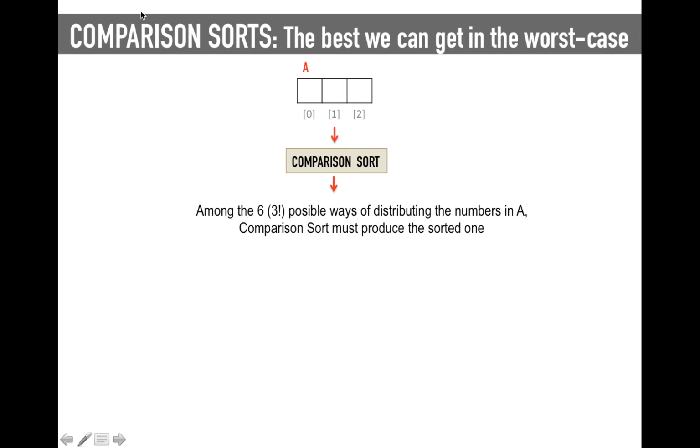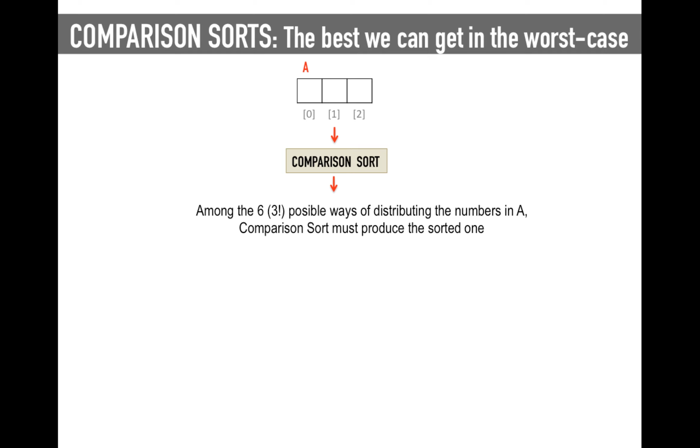Because I have 3 numbers, I can have 6 different possibilities of distributing the numbers in the array, but only one of them is going to be the sorted one. So the comparison sort has to pick the input and somehow recognize which of the 6 different possible permutations of these elements is the right one. In this case it's 6, but the permutation of n numbers in general is n factorial.